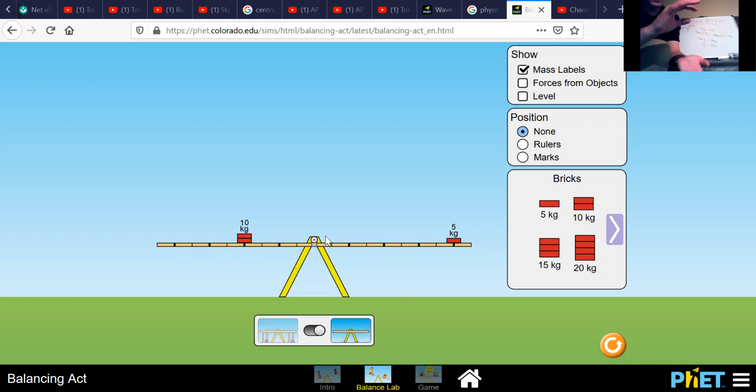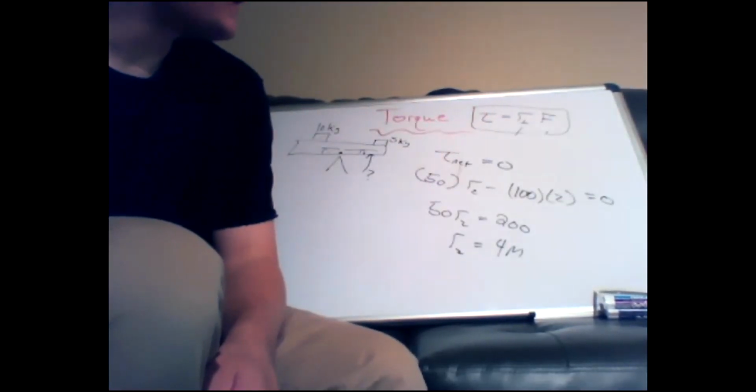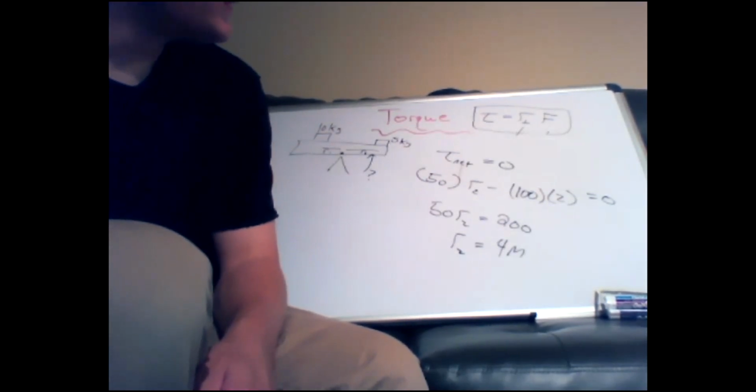In fact, I can raise it off the ground as long as that distance here, this radius, is long enough. And it has to be long enough according to our torque equation, according to this equation right here. In fact, this gives rise to something called mechanical advantage, which is super important in physics, and I'll do some videos on that as well. All right.